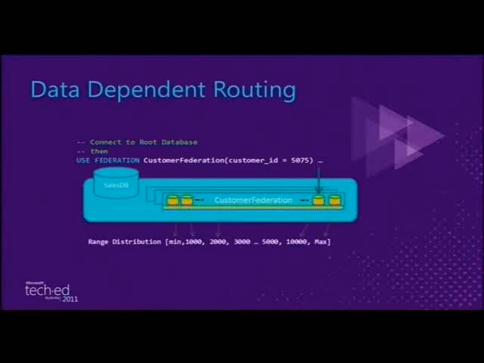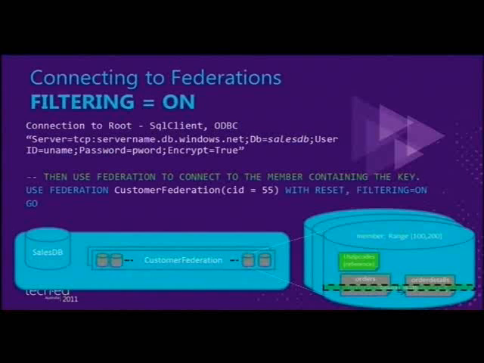So what the use federation command allows us to do is data-dependent routing of commands. This command goes to that database because it has this key. When we have a look at the samples, you'll see what that actually means. That's actually a pretty cool thing.